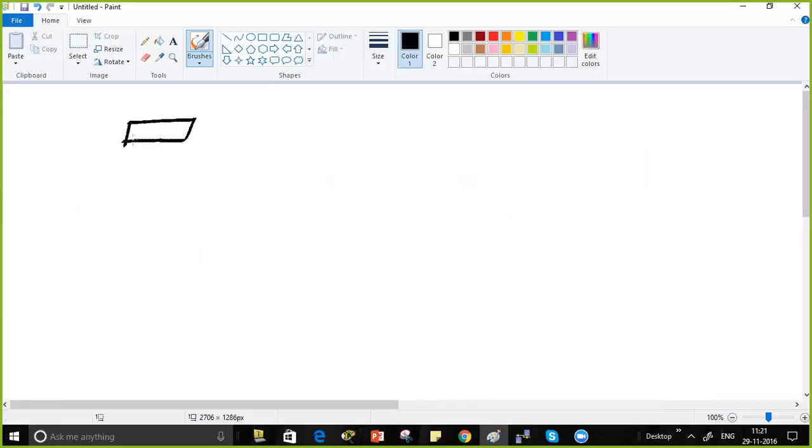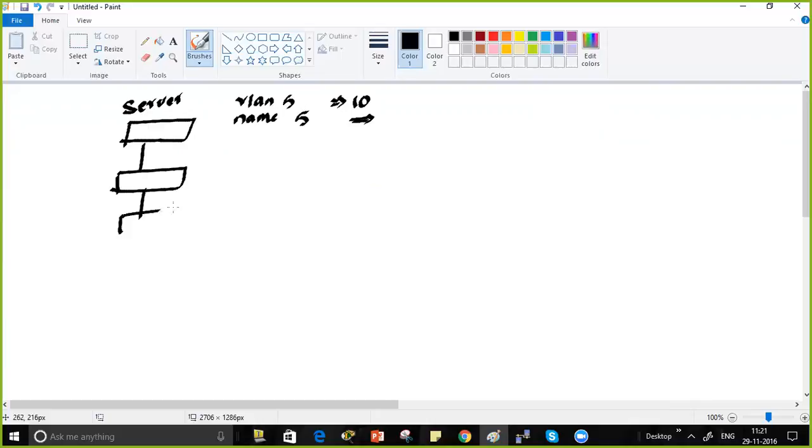Now you have configured this server, and I have configured 5 VLANs here, meaning revision number 5, and you have configured every VLAN name, meaning again 5, so the revision number is 10, right? And you added clients here.